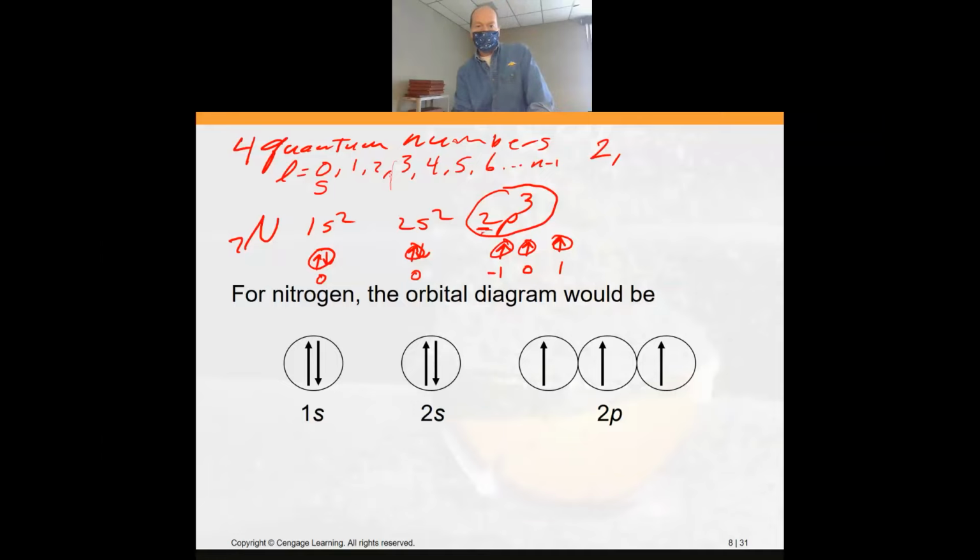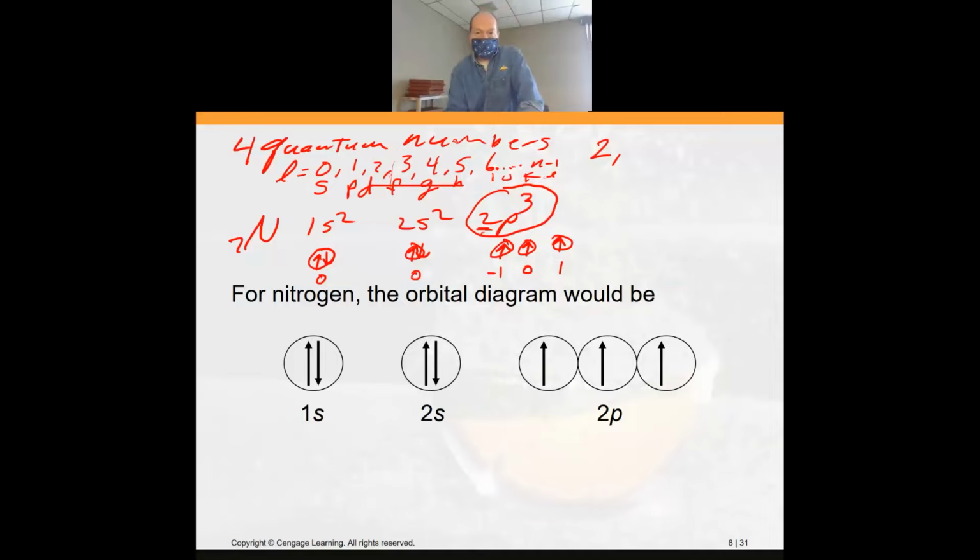If L is equal to 1, you have a p subshell. If L is equal to 2, you have a d subshell. If L is equal to 3, you have an f subshell. Then it goes into alphabetical order, so you have your g, your h, and your i, j, k, l. We don't know anything past f. We haven't made any elements in the g subshell yet.